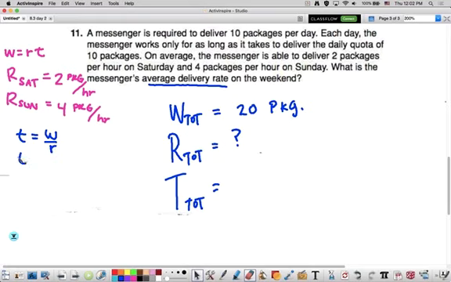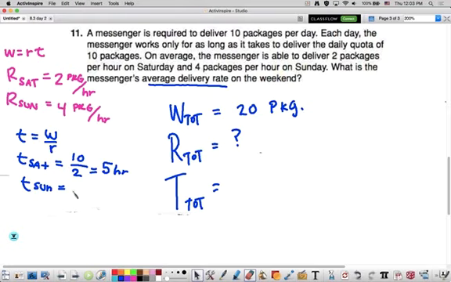So let's see the time for Saturday. Time for Saturday is work divided by rate. Well, how many packages did they deliver on Saturday? 10. How fast did they go? 2, right? So that means they spent 5 hours. Time for Sunday?